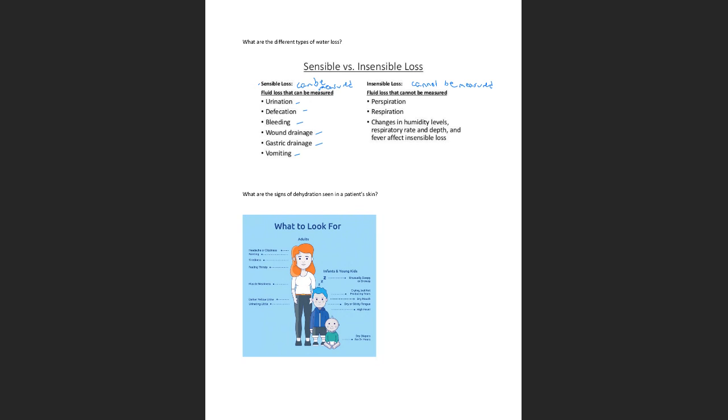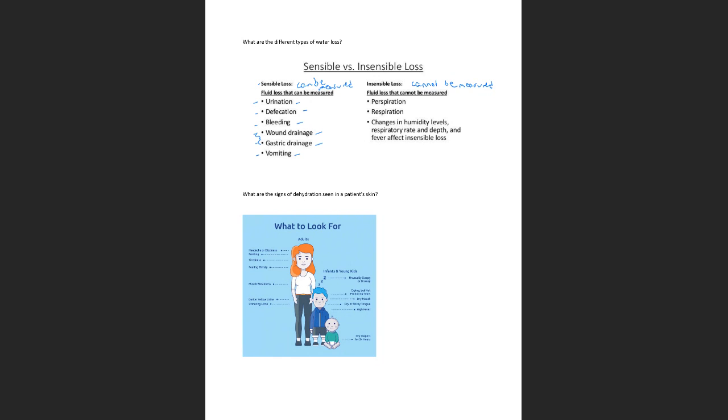Types of water loss that can be measured are urinating, defecating, so going to the bathroom, bleeding, wound and gastric drainage. These are usually measured at a hospital in containers that have volume measurements, and vomiting. All of these things can be measured quite easily.